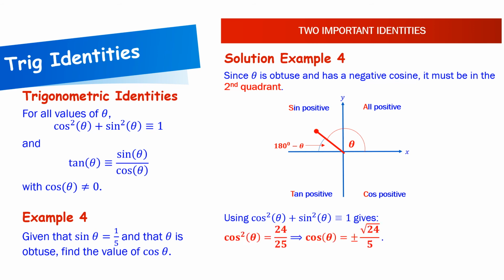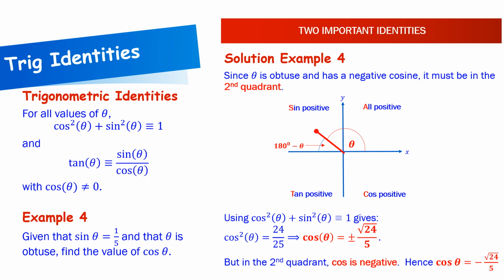And this implies that cos theta equals plus or minus square root of 24 over 5. However, in the second quadrant, cos is negative, and therefore cos theta equals minus root 24 over 5.